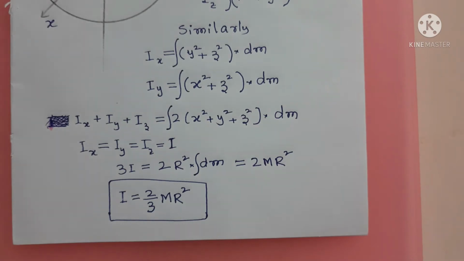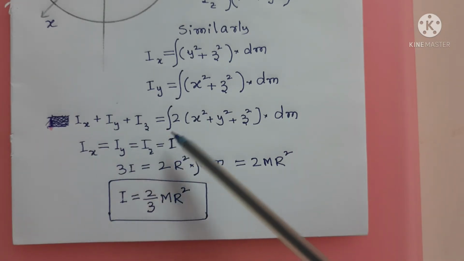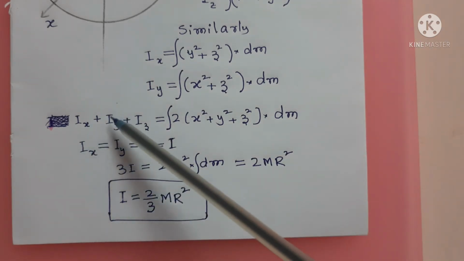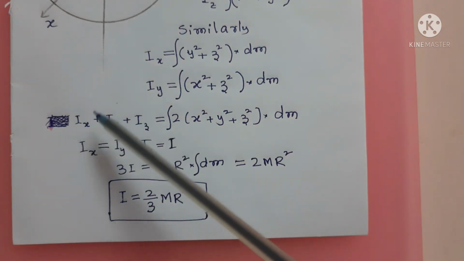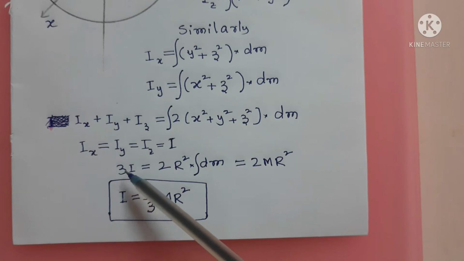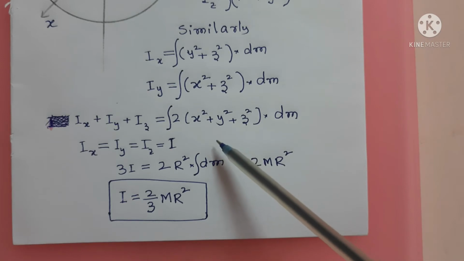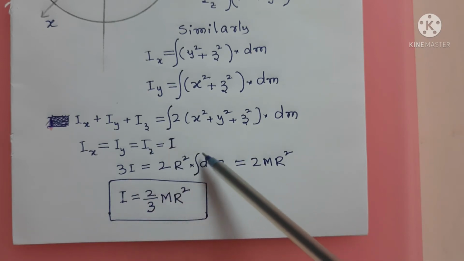One more important thing: the sphere is symmetric. The moment of inertia about the x-axis is equal to that about the y-axis and the z-axis. So Ix equals Iy equals Iz equals I, because all are similar. So Ix plus Iy plus Iz, I plus I plus I, that is 3I, equals 2R square, a constant, taken out of the integration.